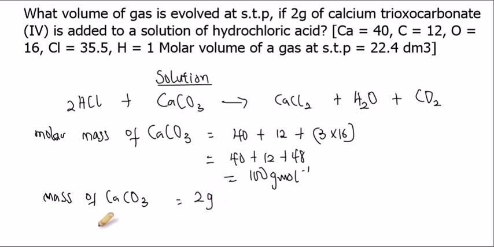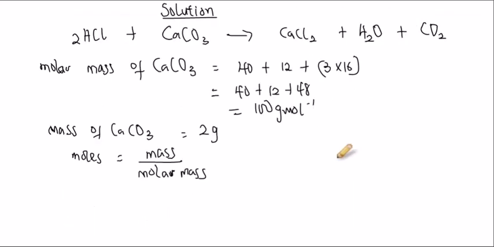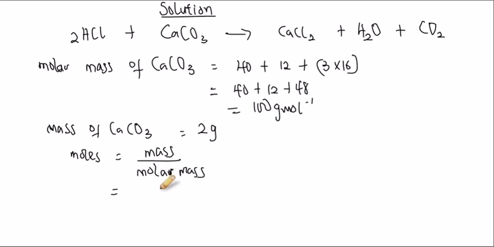So now the next thing is to calculate the number of moles using the formula that says moles equals mass over molar mass. Substituting the values here, the mass is 2 grams, and the molar mass we've gotten to be 100 grams per mole. Calculating this, we have 0.02, and our unit will be moles.